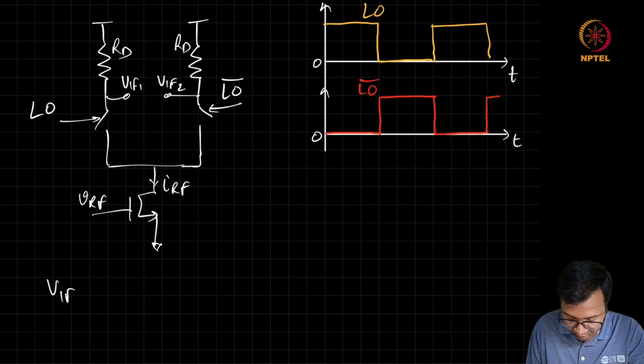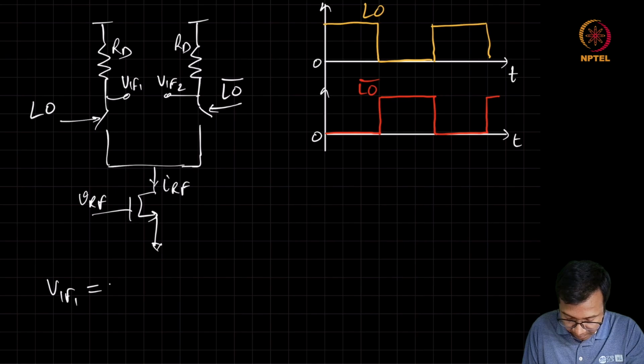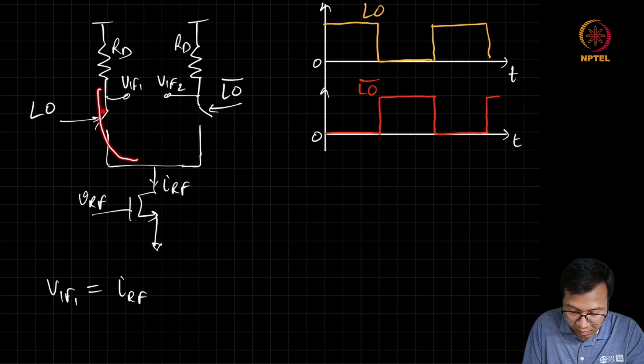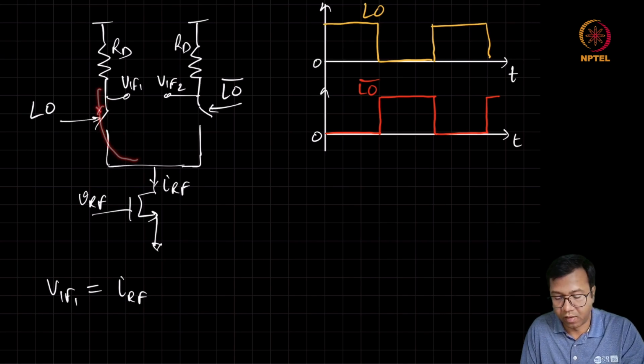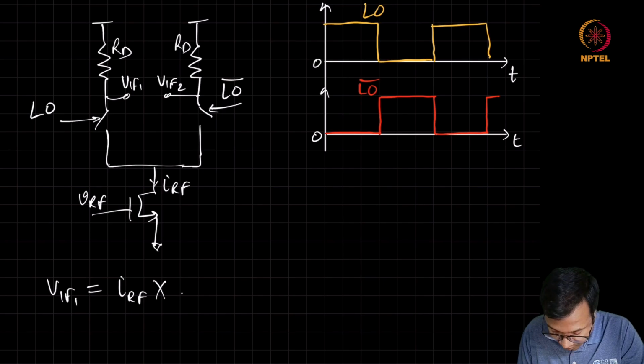In such a scenario, if we have to find this VIF1 and VIF2, see that this VIF1 is going to be equal to this IRF, which is being multiplied by this square wave. When the switch is turned on, this IRF will appear as it is at the output. When the switch is turned off, there is no current here at the output. So it's like multiplying this IRF with a square wave.